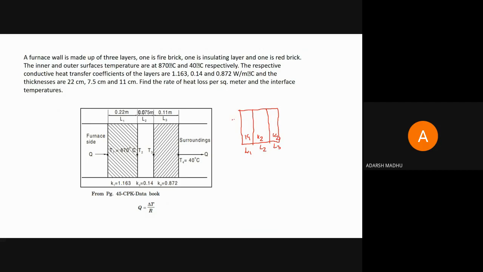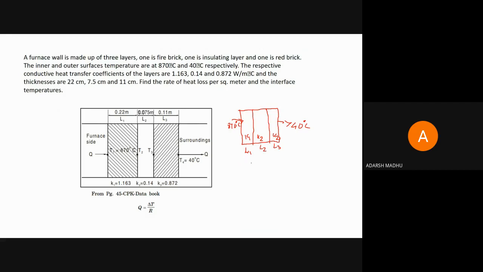The two surface temperatures: the inner surface temperature is 870 degrees Celsius, and the outer surface is 40 degrees Celsius. So this is the figure for the question.